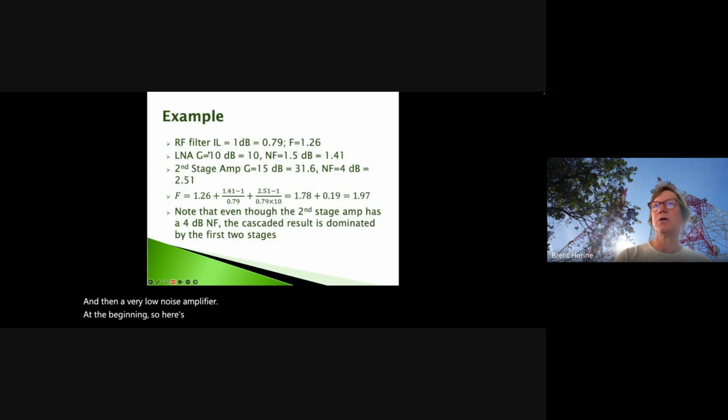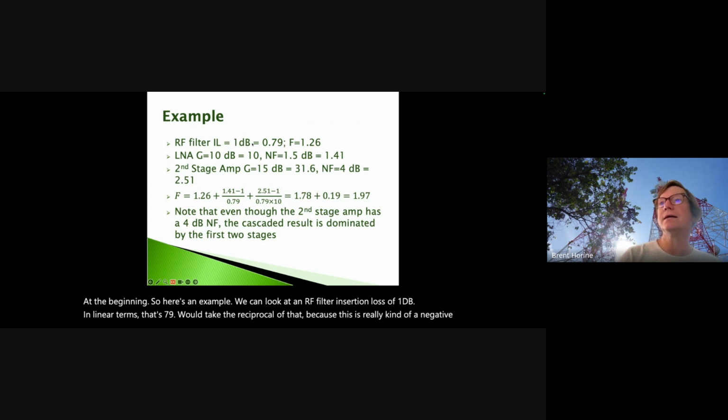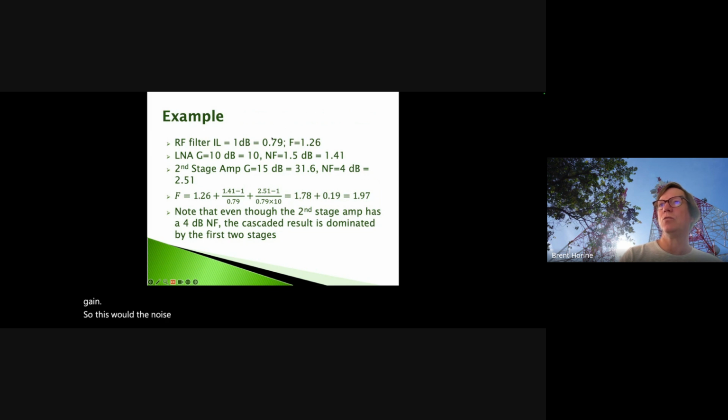We can look at an RF filter insertion loss of 1 dB. In linear terms, that's 0.79. We'll take the reciprocal of that because this is really a negative gain. The noise figure would be 1 over this 0.79, which should be 1.26.